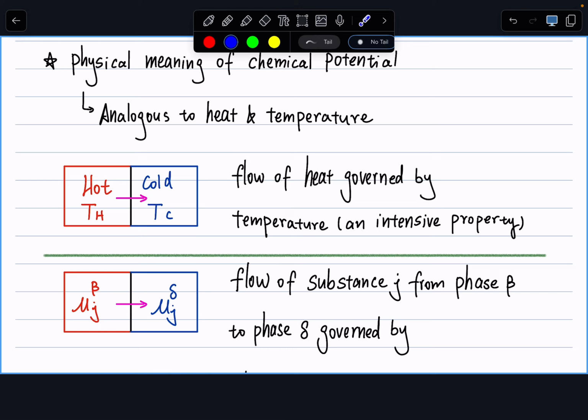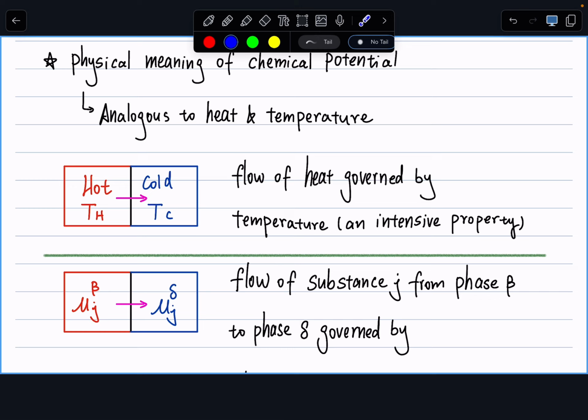Now, likewise, we define our chemical potential. Chemical potential tells us the direction of flow of a substance J from phase beta to phase delta. Depending on the chemical potential of the substance in a specific phase, it tells us in which direction the phase transfer will take place.